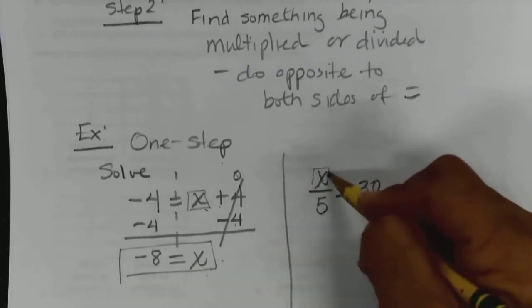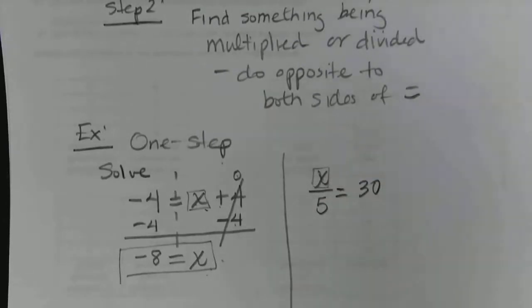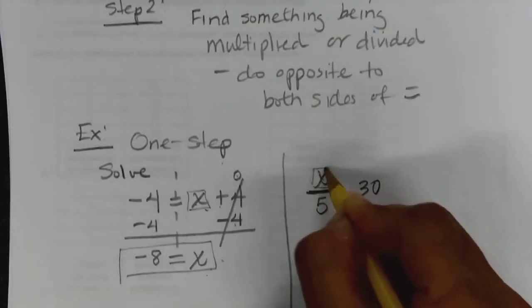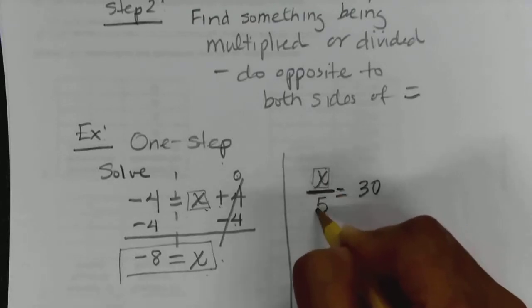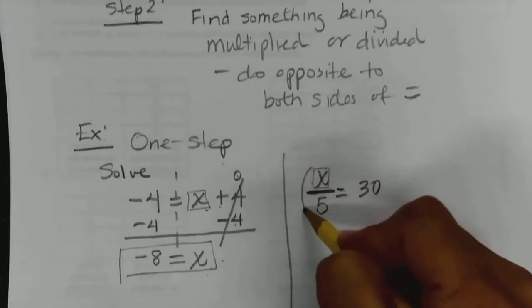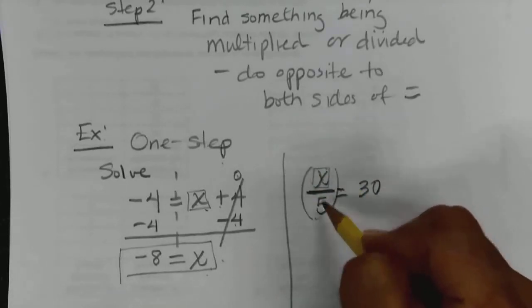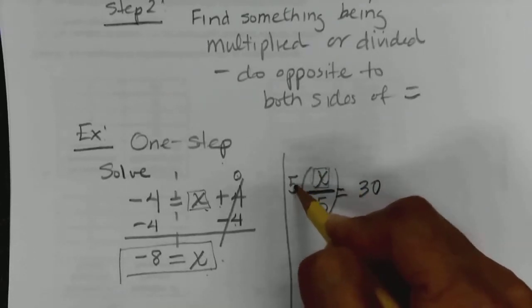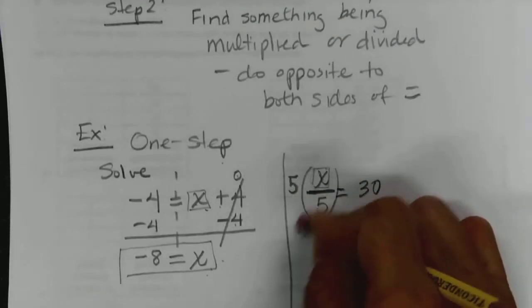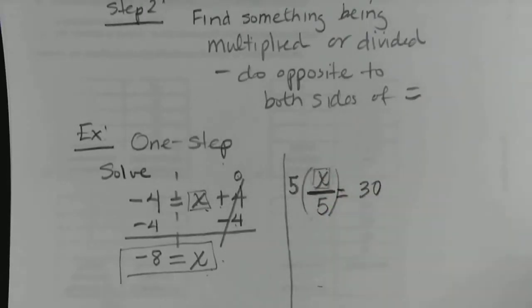So then you go to step 2 and say, okay, is something being multiplied or divided? Divided. I want to get this by itself. So since it's being divided by 5, what's opposite of dividing by 5? Multiplying by 5. So this is how I want you to write it. Multiply by 5 like this and put it up here like this. I don't want you doing this. That is wrong. That means you're just multiplying the denominator by 5.